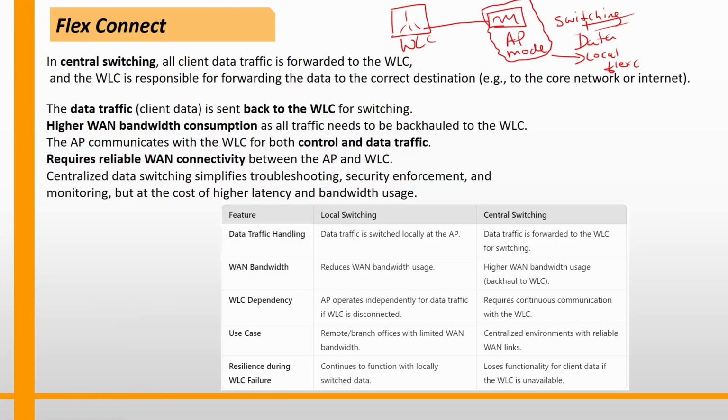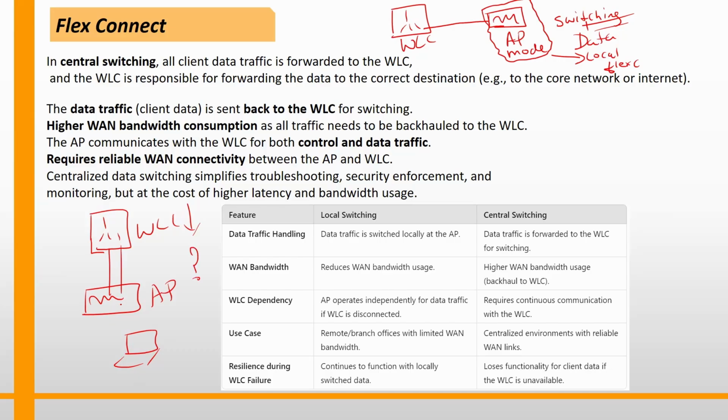There is one more question. If the WLC is down, for how long can the AP operate independently without the WLC, and what will happen to a new client if it needs to connect? Yes, this is a great question. We have the access point, the WLC, and the client. In case the WLC is down, the question is how long it can be down.